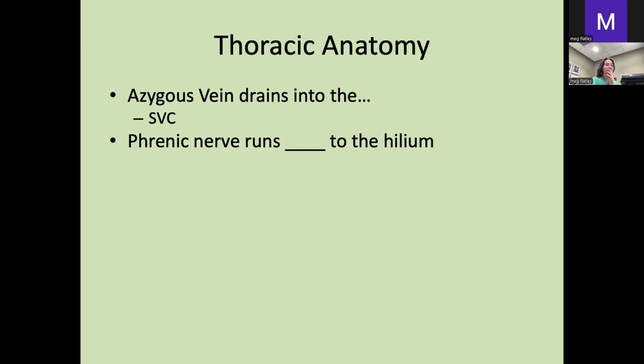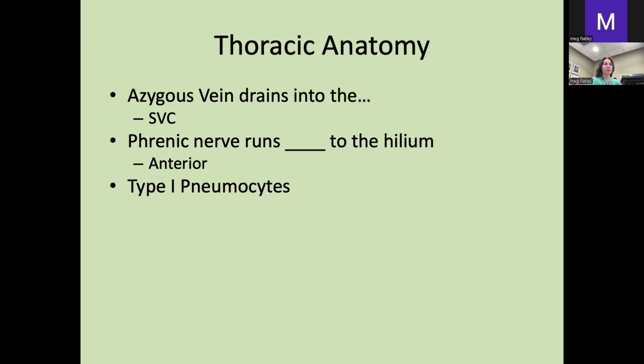The phrenic, right? Because your phrenic is going to be on top of your pericardium. And that's what we're trying to avoid injuring when we're doing an ED thoracotomy. But the vagus is going to be posterior, and we associate that with the carotid sheath, right? So think posterior for the vagus and anterior for the phrenic.